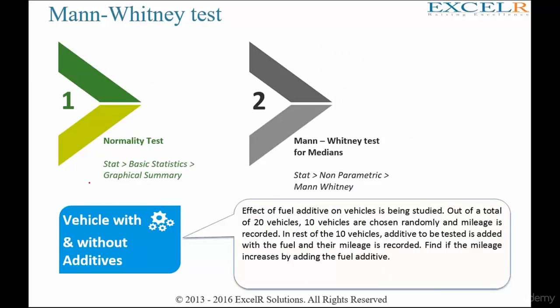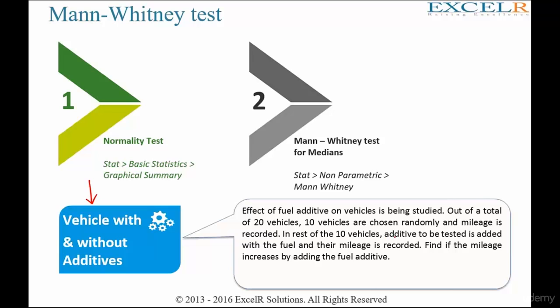Here is a case study. Let us read this and try to understand. Effect of fuel additive on vehicles is being studied. Out of the total of 20 vehicles, 10 vehicles are chosen randomly and mileage is recorded.